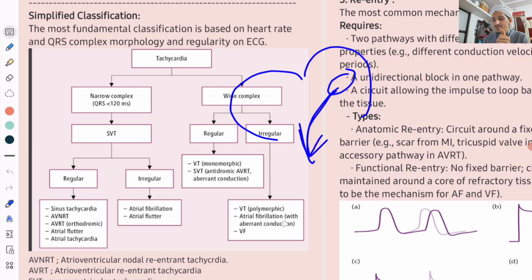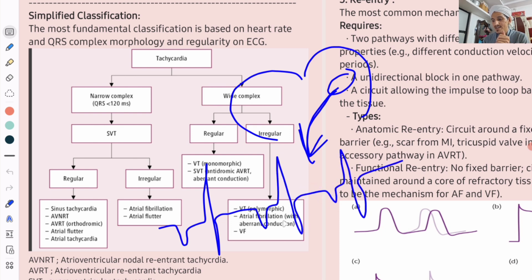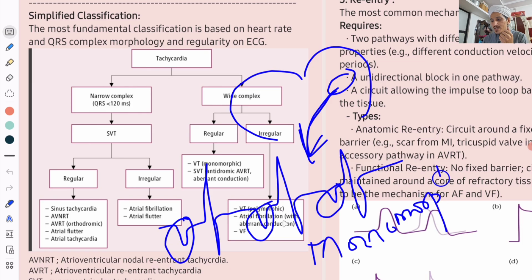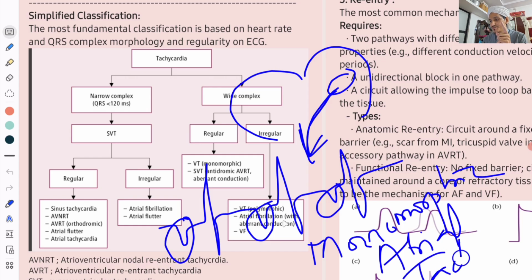So you will have some abnormal P wave, see, like this. So this is monomorphic. This is known as monomorphic atrial tachycardia, when there is only one ectopic focus which is producing the tachyarrhythmia.